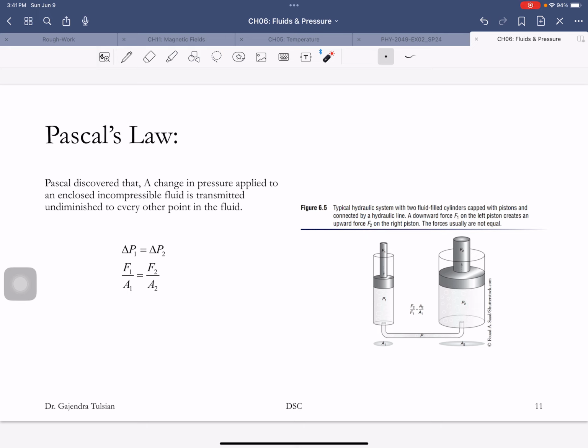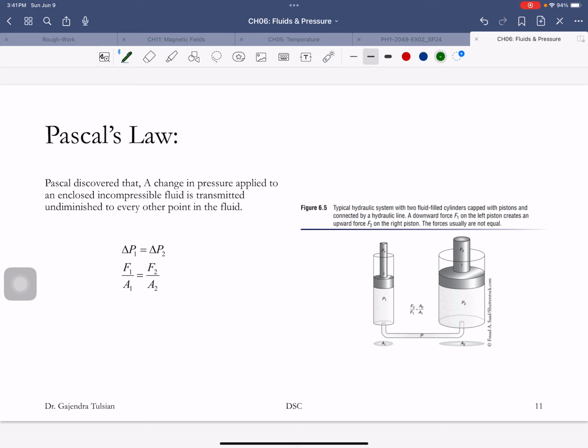So let's say you increase the pressure at this point by applying a force F1 over A1. A1 is the area of this piston. That increase in pressure is transmitted everywhere in the fluid, so the pressure at that point also increases by the same amount. So F2 divided by A2 is equal to that.